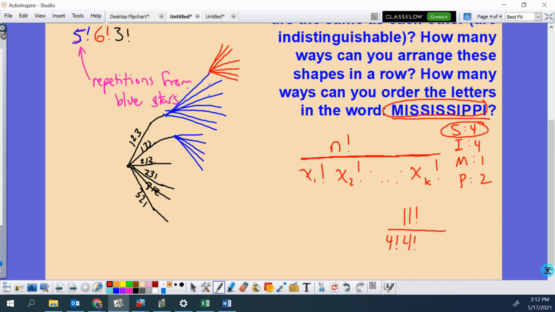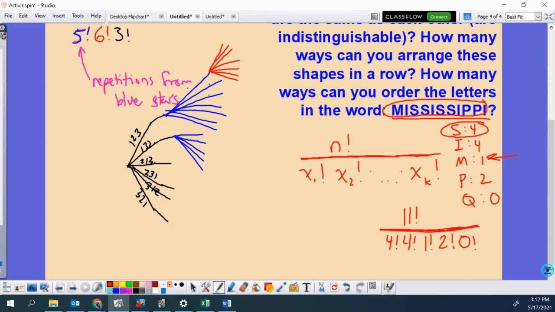I have to divide that out. You can put a 1 factorial in here for the M, but you don't need to because there's only one of them. And then 2 factorial for the P. And then while you're at it, you could even throw in a 0 factorial for the 0 Q's in the word Mississippi, and it won't affect the answer because remember, 0 factorial is 1. I just thought I'd throw that in there again.